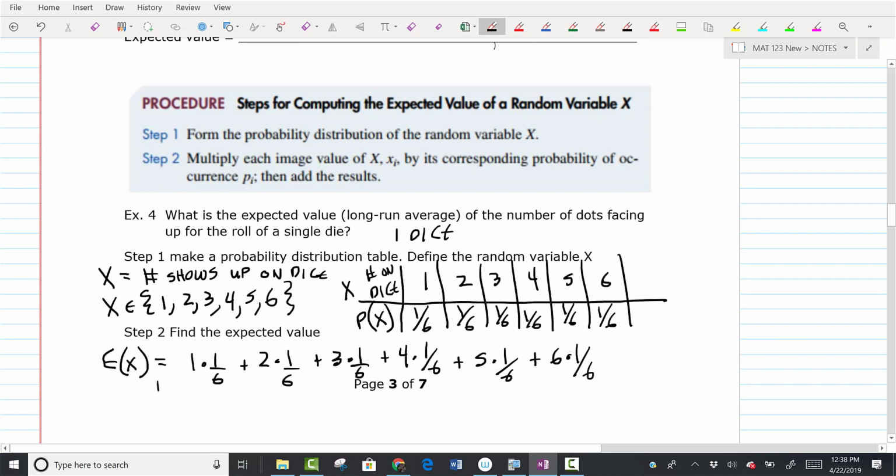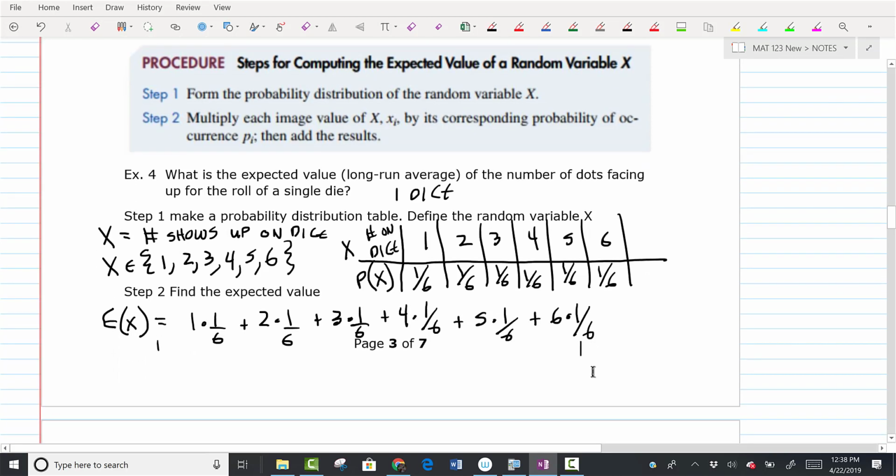What I like to do is do as much as I can before I go to the calculator. So basically you're just going to work out these six arithmetic problems, and then we can go to the calculator. We'll end up getting a decimal, although I already know where this one is going to turn out.